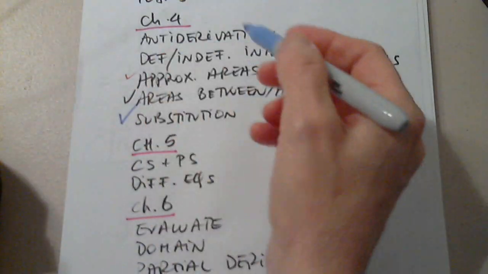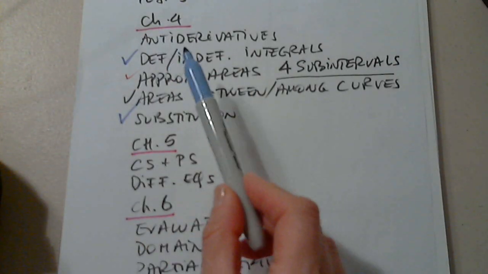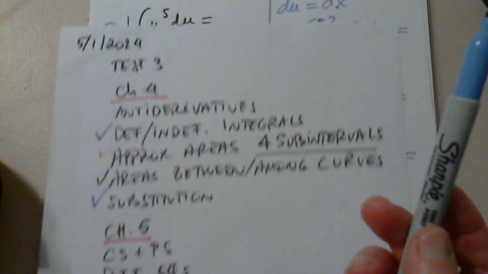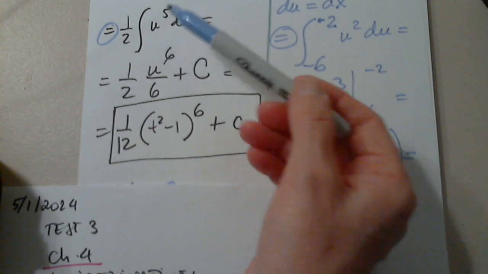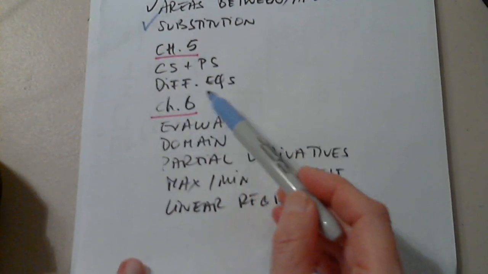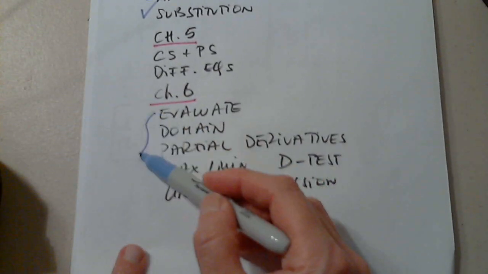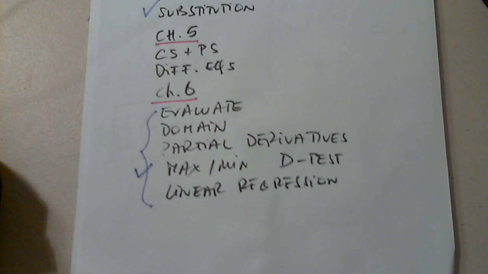So this is basically definite and indefinite and also substitution. We did both. Antiderivatives, it's exactly what we've just been doing. This is the antiderivative of that. Consumer surplus, producer surplus, differential equations. And this is what we did last time. And we did one max min.